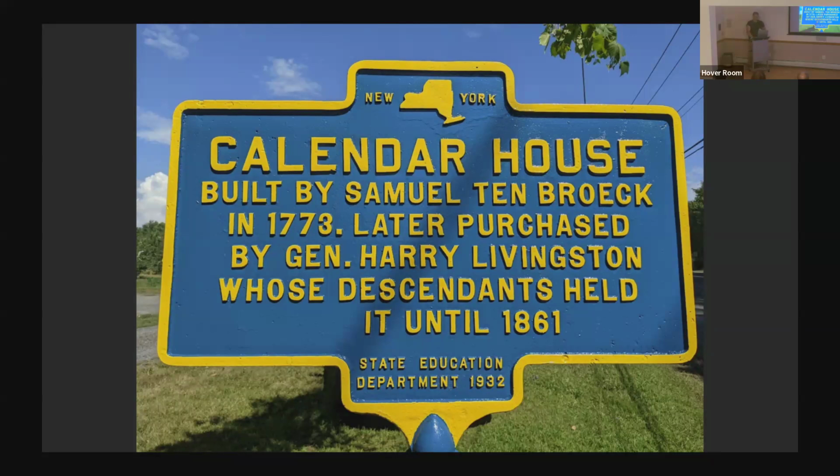His actual name is Hendrik Livingston. He's a son of the third Lord of the Manor, a very high-ranking general in the Continental Army during the Revolutionary War. And one thing to take a look at is the historic sign written in 1932 or thereabouts, that says Harry Livingston's descendants held the Callender House until 1861.